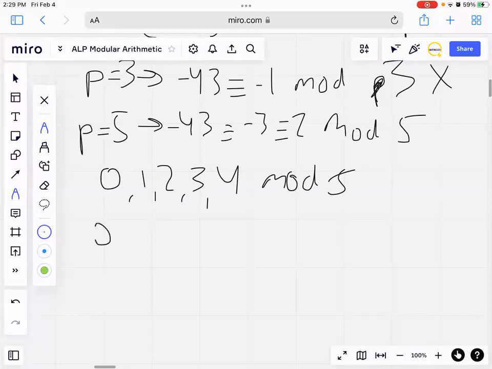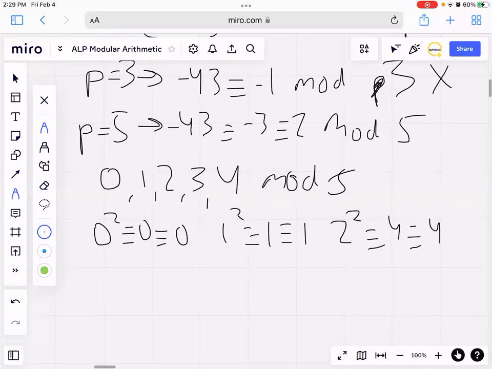So 0 squared is congruent to 0 mod 5. 1 squared is congruent to 1 mod 5, and so forth. 2 squared is congruent to 4 mod 5. Then 3 squared is congruent to 9, and subtracting 5 gives us 4 mod 5.